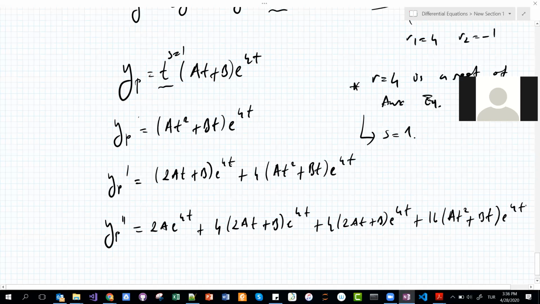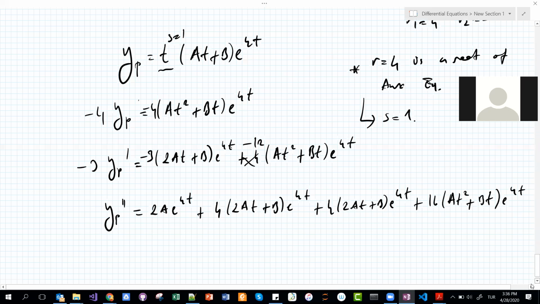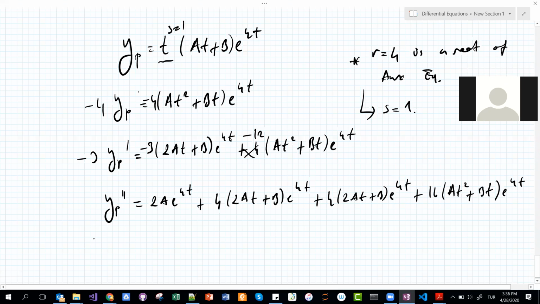So what I should do is multiply the coefficients: negative 3 here, negative 3, look at that, negative 12. And I am going to need the negative 4 here. If I collect all the terms, I have 3 different terms around.